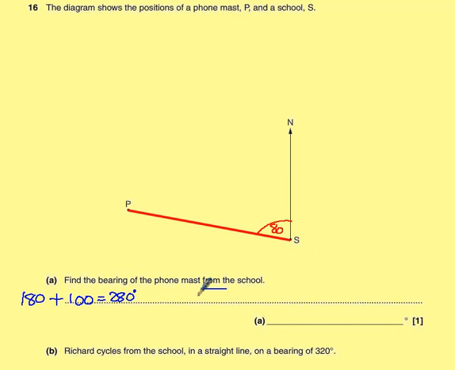We can also check that by taking 360 degrees and subtracting 80, and we should get exactly the same answer of 280 degrees. So the bearing of the phone mast from the school is all the way around, 280 degrees.